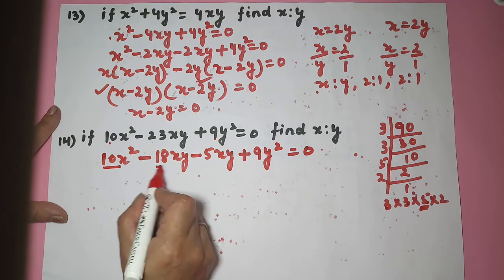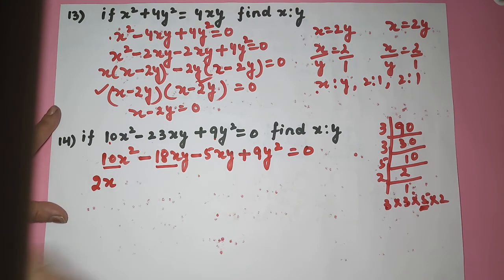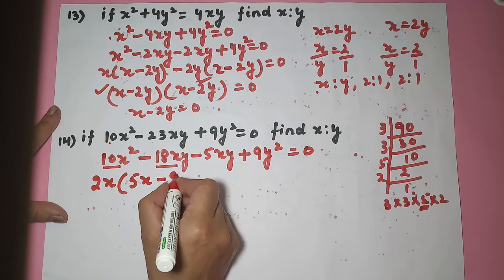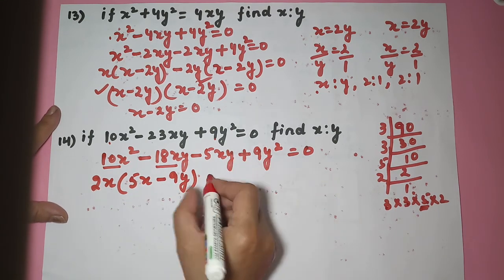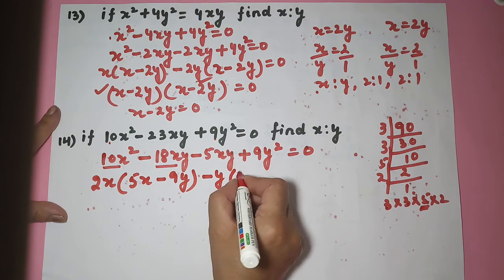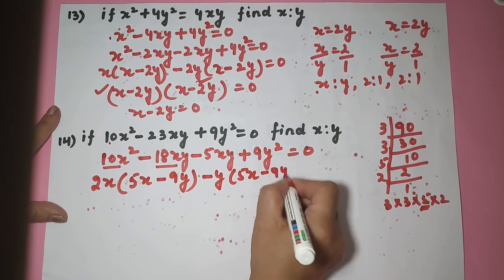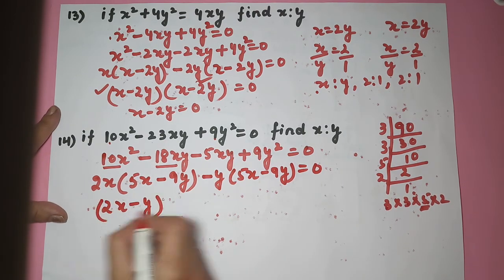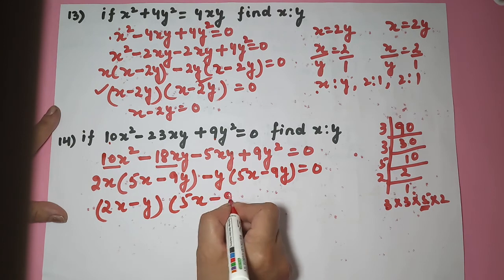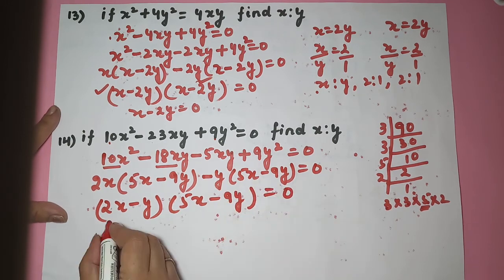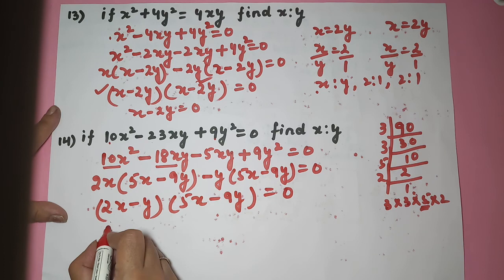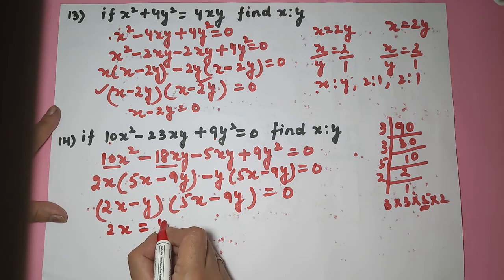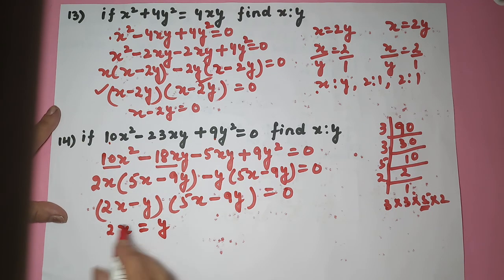Now between this term and this term, I can take 2x common. What's left inside? 5x minus 9y. Between this and this, I can take minus y common. So I'm left with 5x minus 9y equal to 0. So I have now 2x minus y into 5x minus 9y equal to 0. Now either or, product of two factors we have learnt in the quadratic equation while factorizing the middle term, splitting the middle term.